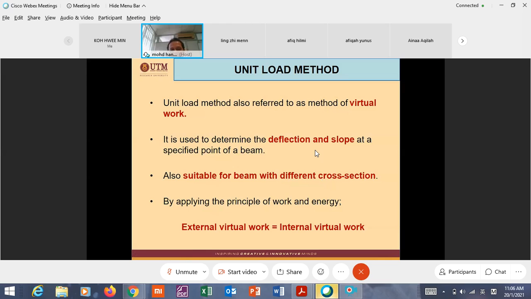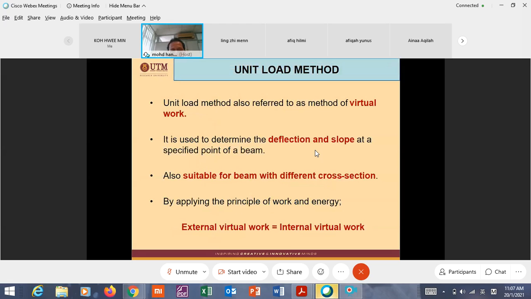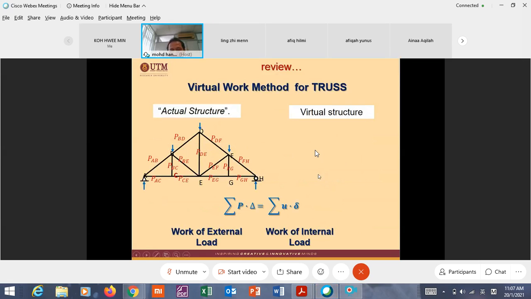So this is the difference between the unit load method and the double integration method. It can be used for different cross sections because the beam is split into different segments, similar to truss.